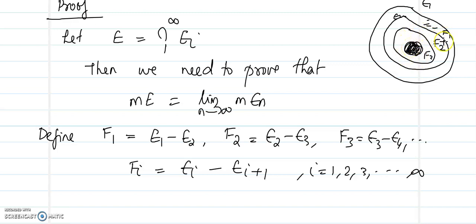So we have defined these to be F_1, F_2, F_3. From the figure you can see that these F_i's are pairwise disjoint.